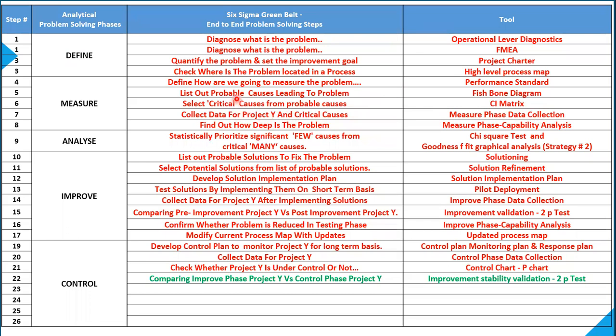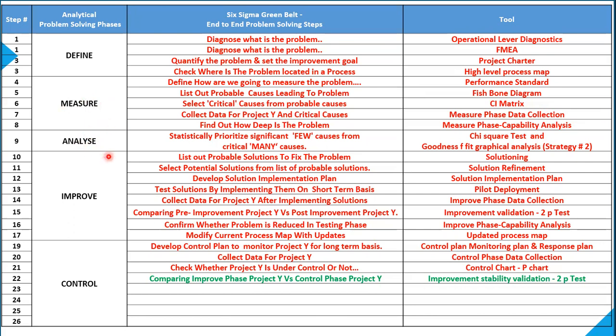You do that with the help of capability analysis. So that's what we did in the define and measure phases.